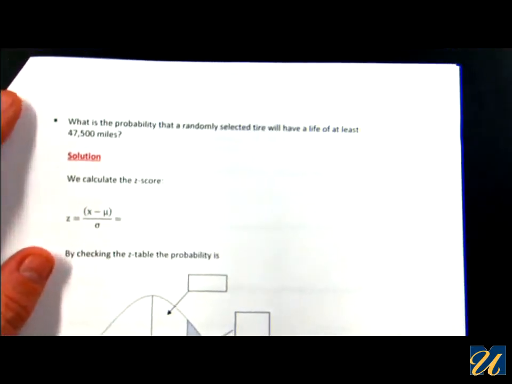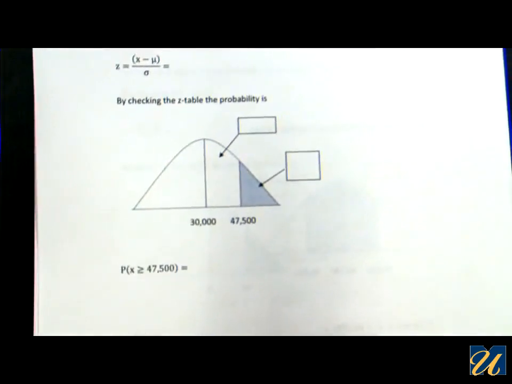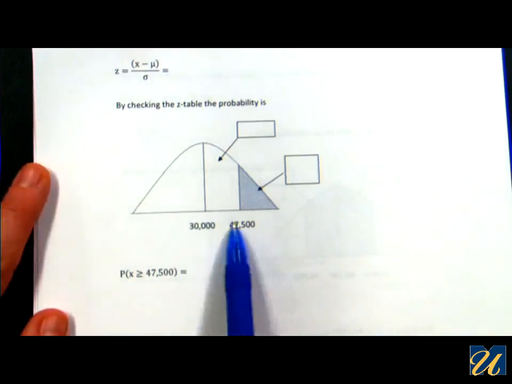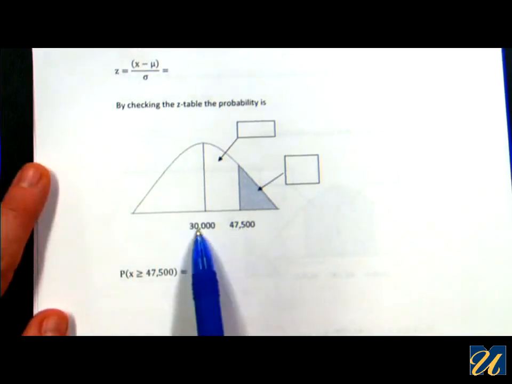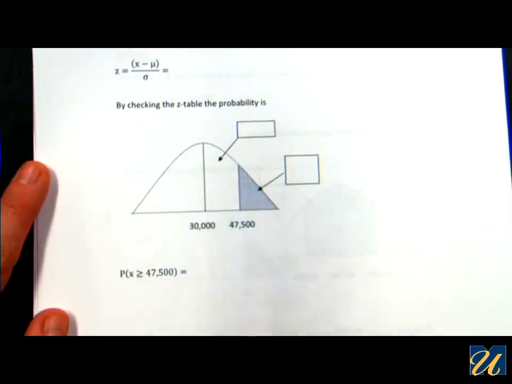What is the probability that a randomly selected tire will have a life of at least 47,500? In this case, same problem. I'm looking for X to be greater than 47,500, which is to the right of the mean. Greater than this number indicates the area to the right. Therefore, I'm looking for a right tail.